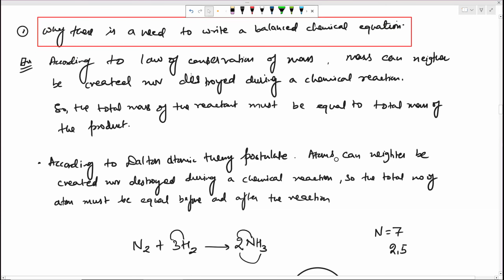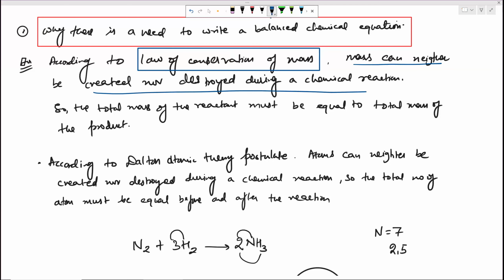The first is that according to the law of conservation of mass, mass can neither be created nor destroyed during a chemical reaction. So the total mass of the reactants must be equal to the total mass of the products.